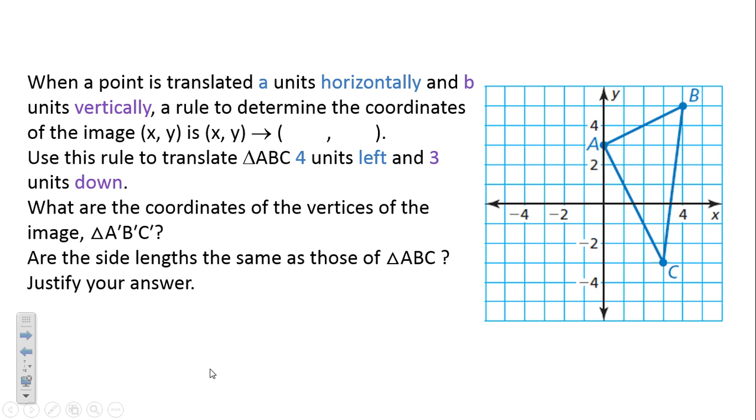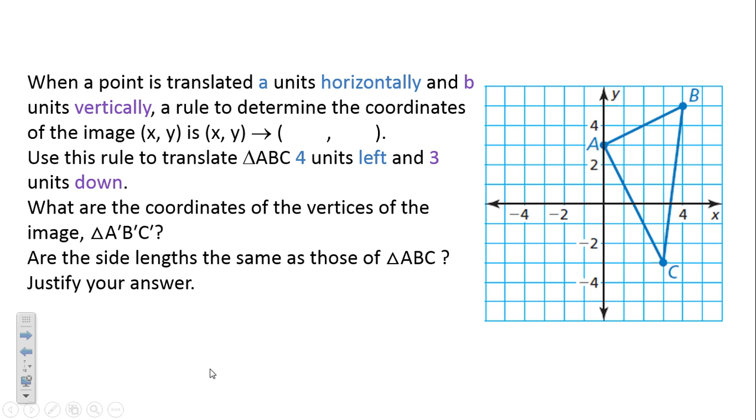When a point is translated A units horizontally and B units vertically, then we are talking about the new image having a value of what?